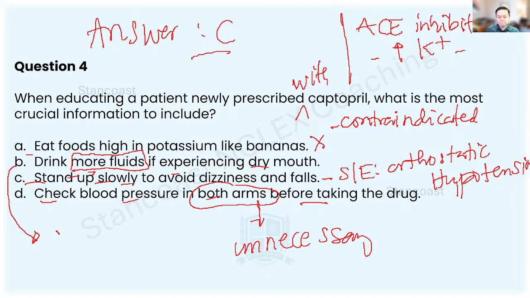Our answer again is stand up slowly to avoid dizziness and falls because of that hypotensive effect. And it's going to be a safety issue, guys. This is going to be a very common test question in the NCLEX, making sure that your patient is kept safe.